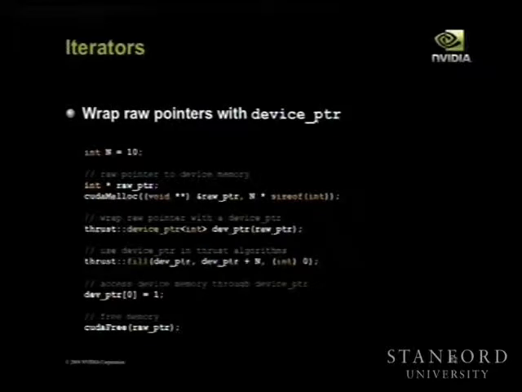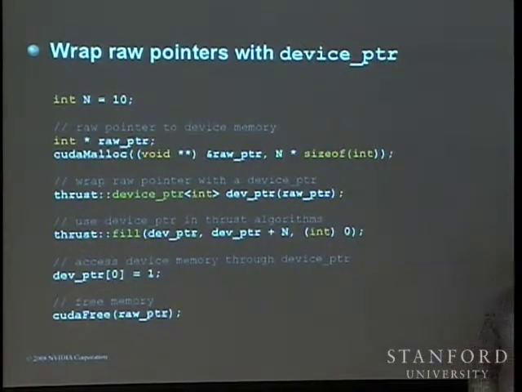Okay. And you can do the opposite as well. So if you have some memory on the device that you've allocated with CUDA malloc, as in this example, in order to use that within thrust to make sure it knows which kind of algorithm, whether it's a host or device algorithm that it needs to call, you can wrap it up with this device pointer. So if you don't use device pointer and you just pass your pointer into this fill algorithm, thrust will assume that this is a host pointer, and that's sort of to conform with what the STL does.